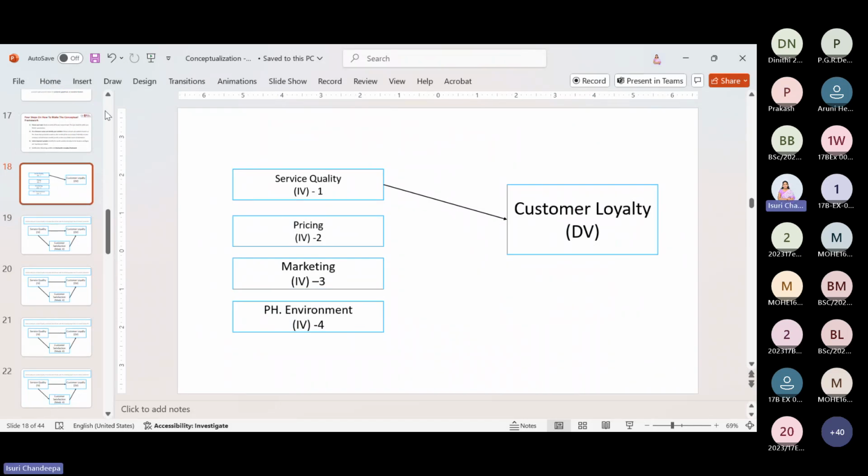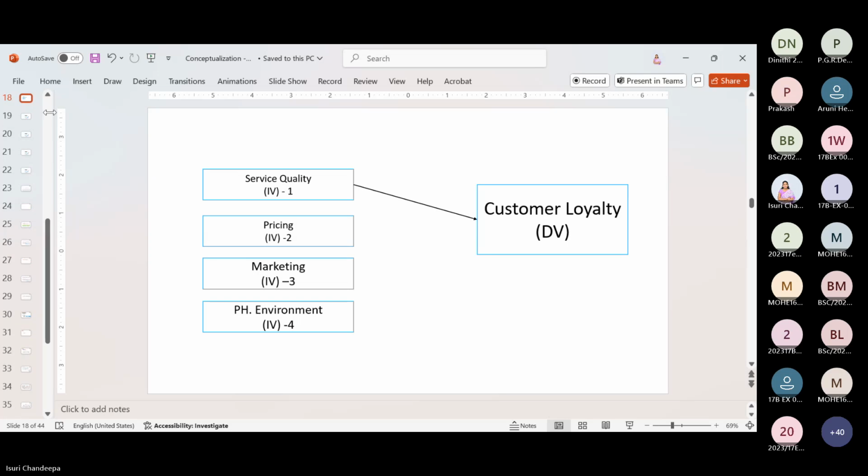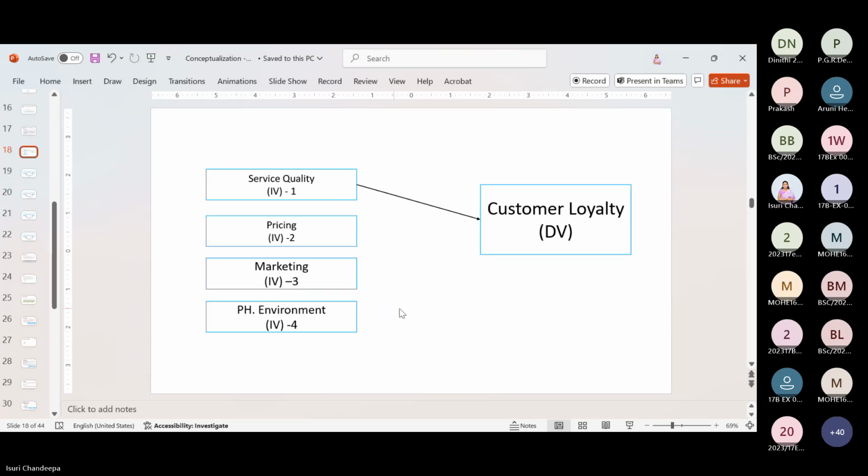So you first place the independent variables. How many independent variables do we have? Service quality, pricing, marketing strategies, and the physical environment. IV1, 2, 3, 4. So you place the independent variables on the left hand side.